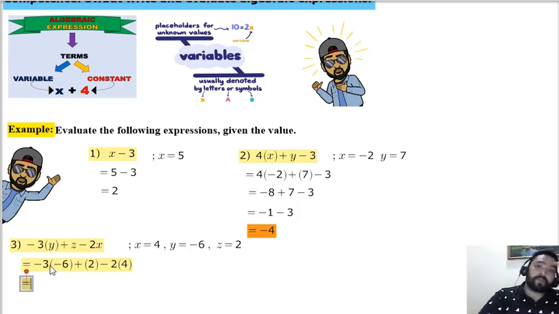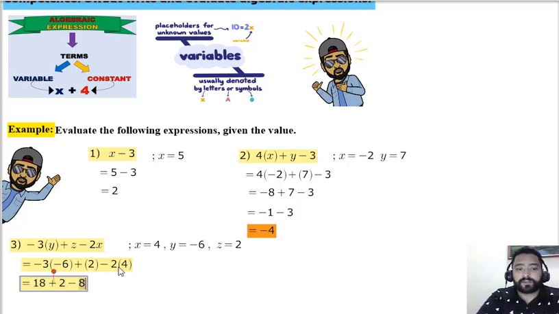Remember, when we have parentheses it means multiplication, so we're going to have positive 18 because same signs are positive. Remember the rules for multiplication. Plus 2, and here we have another multiplication, minus 8. Why? Negative 2 times positive 4 is equal to negative 8.